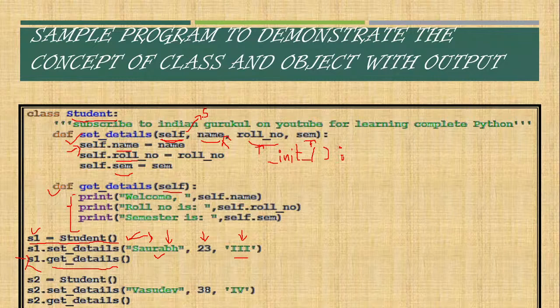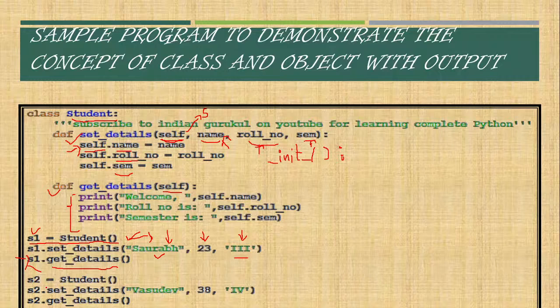But then whatever name we give over here, the same name we need to use inside the method. So if we pass the first variable as s, we need to write s.name, not self.name. This is the important thing.